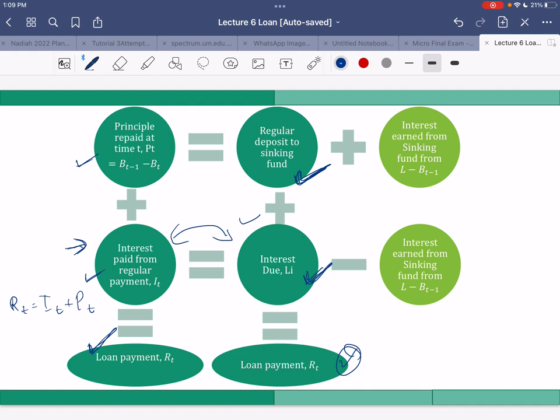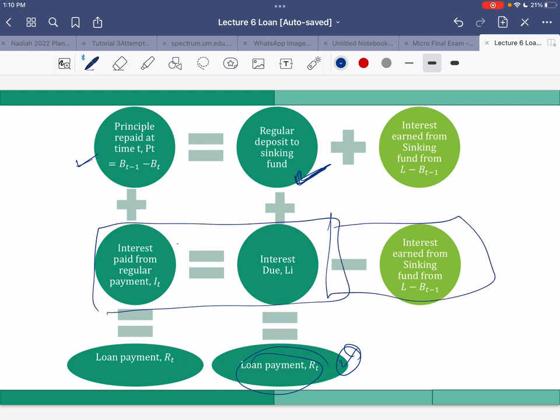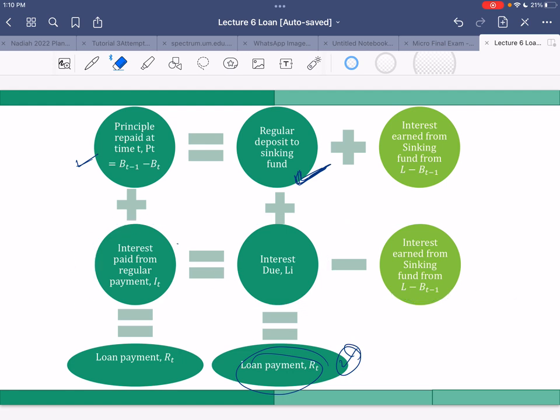So it is paid partly by the interest earned from the sinking fund, and only part of it is paid from the regular payment R. That's why this equation alone is not enough. You need to put this component in. So the interest paid from the regular payment equals the interest due minus the interest earned from the sinking fund.